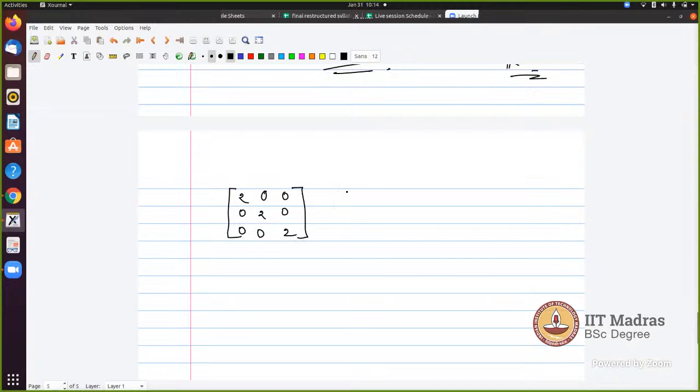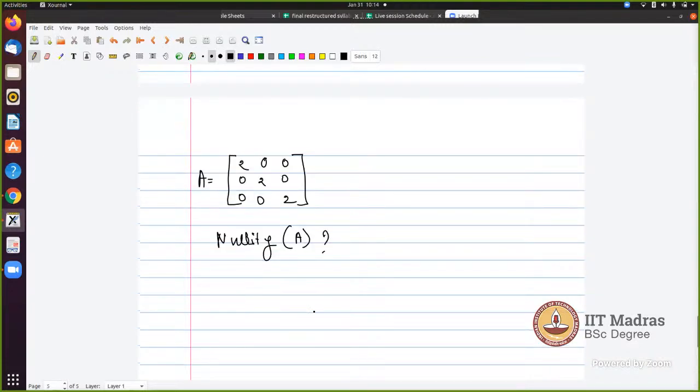So this is one scalar matrix, right? Can you tell me what is the nullity of A? 3. 0. 0. So I got two answers, 3 and 0. Who is saying 3? I think 0. Yeah, 0.